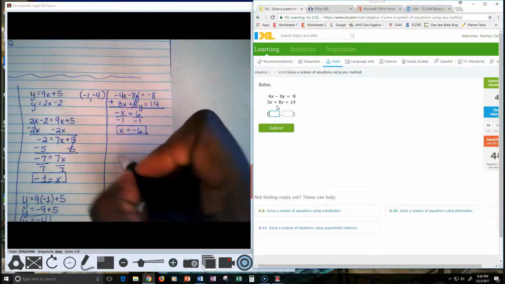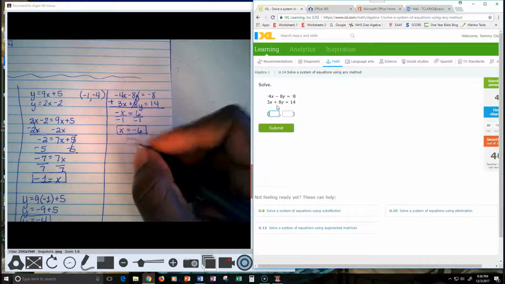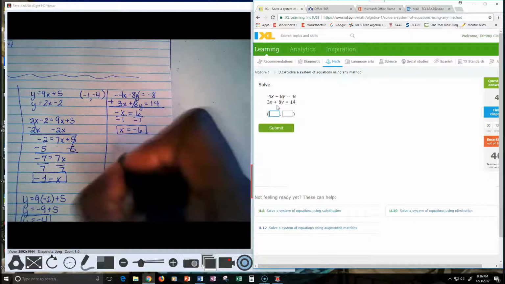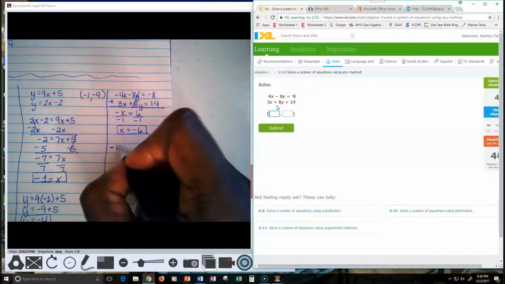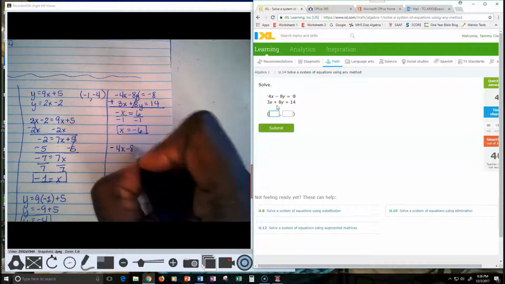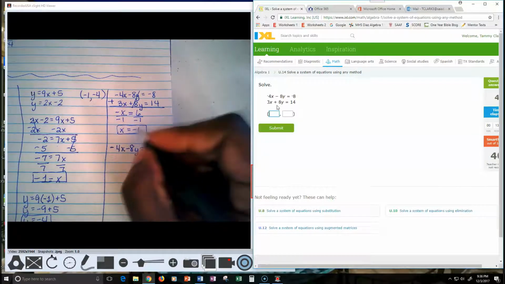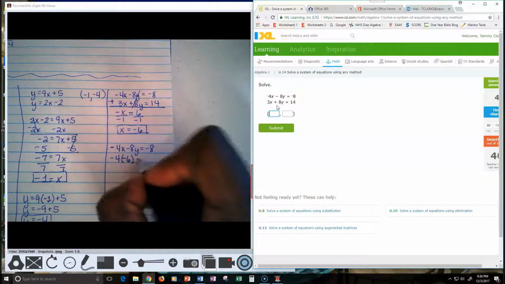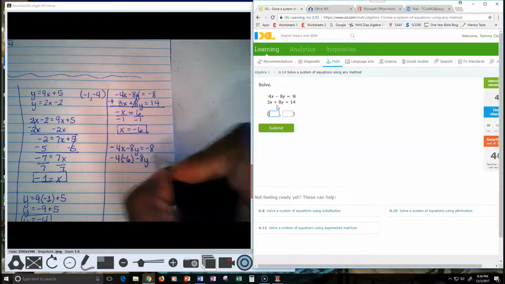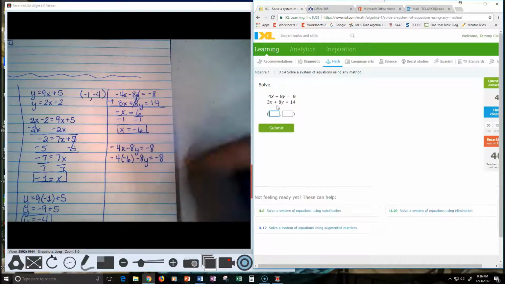And just pick either equation and substitute what you have for x. I think I'll go ahead and pick the first one. So negative 4x minus 8y is equal to negative 8. Substitute x is negative 6: negative 4 times negative 6, minus 8y, because I don't know what that is yet, equals negative 8.